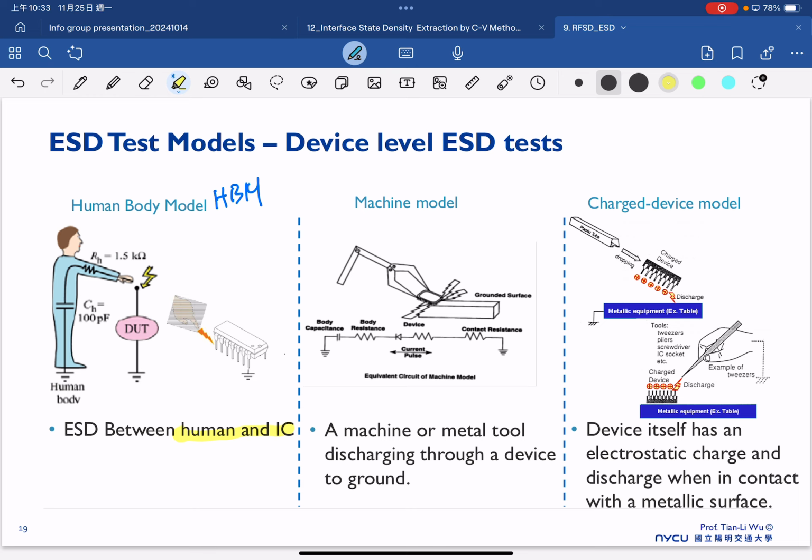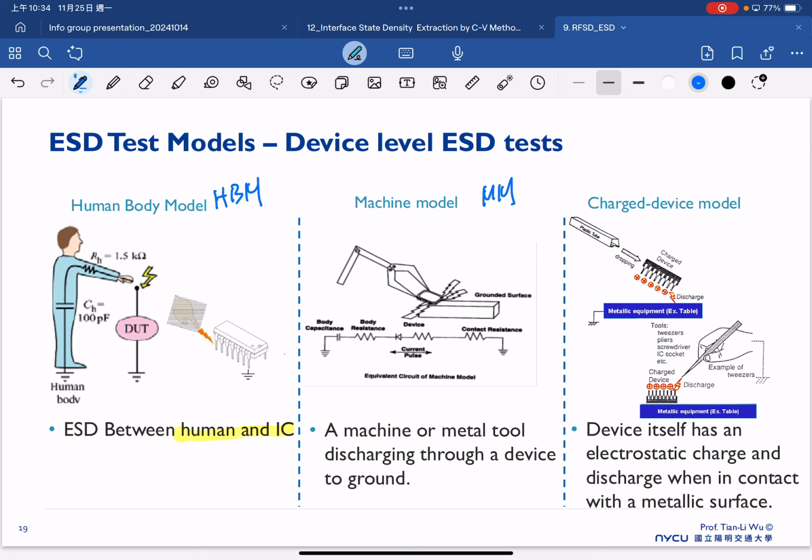The second one is the machine model. The reason we have to consider the machine model is that in the real production line, your chip, your packaged device, your IC is not picked up by human. It's always picked up by machine. You put your samples here, and the machine arm will pick up the sample and put it in another place and transfer to the next process line, and then the machine will pick up again and put it in another place.